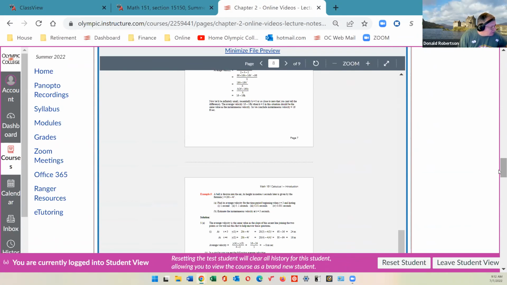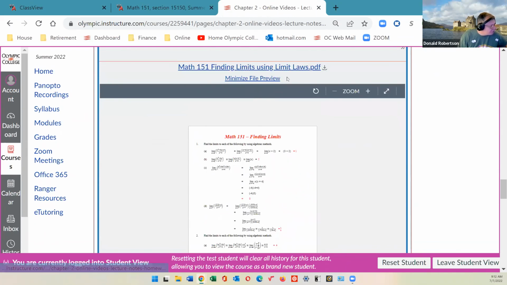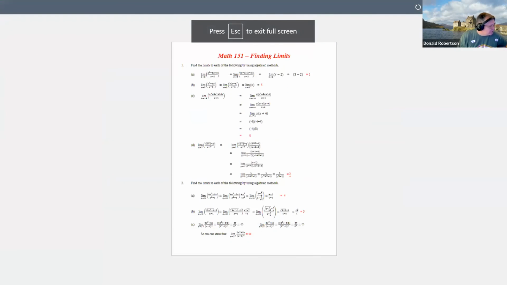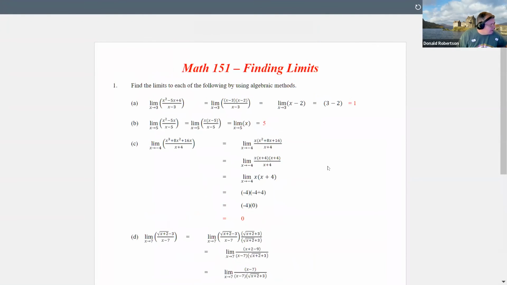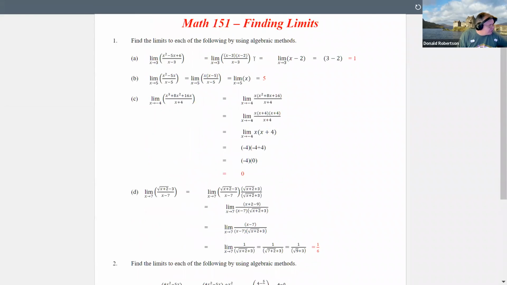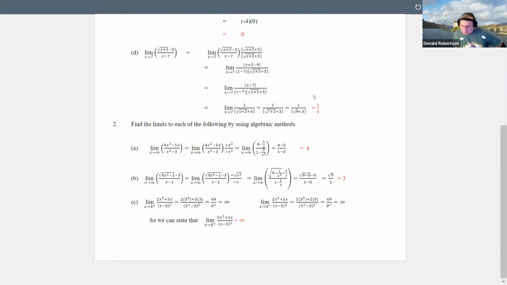It says finding limits using limit laws. Okay, so let me click on this one and then just make it a little bit bigger. Can you see what I've done here is some examples of the conjugate method, the factor and cancel method, and so on. Right.